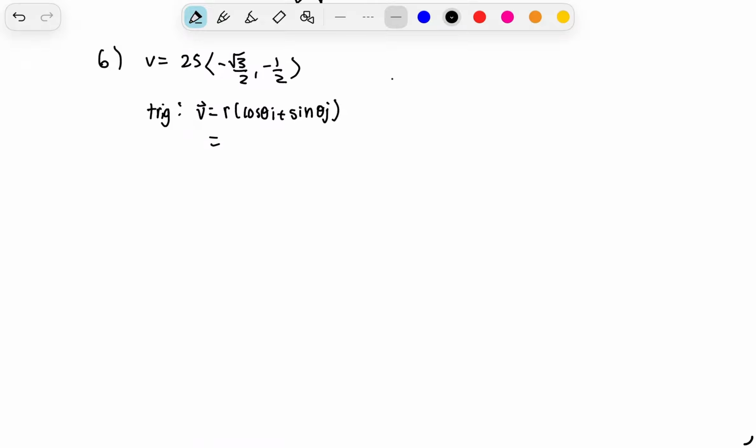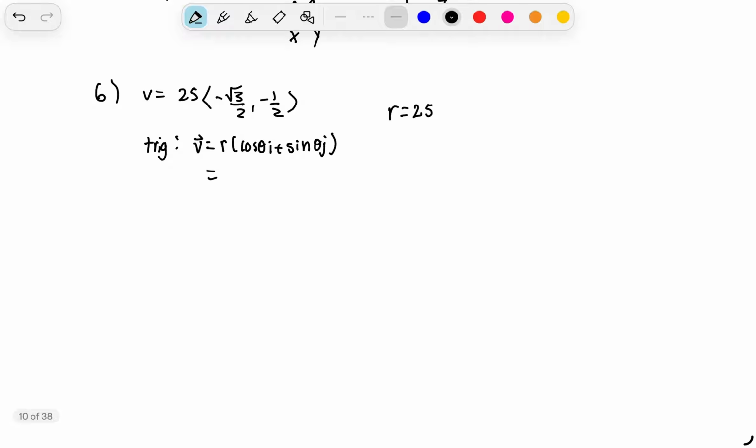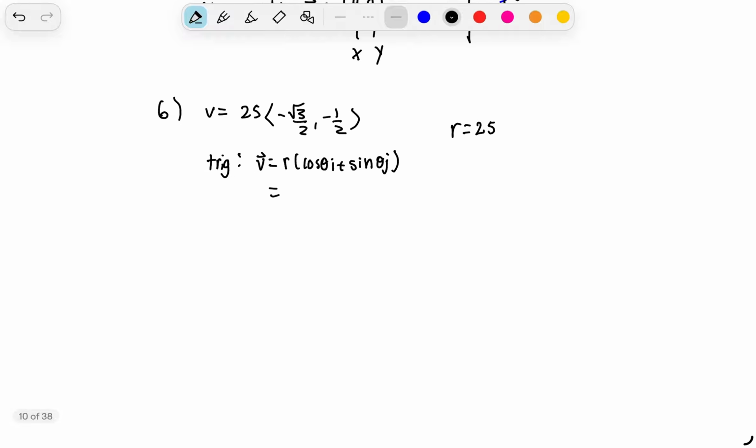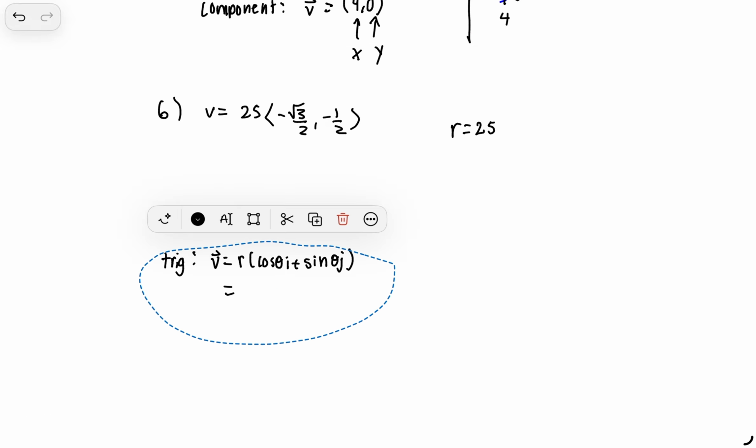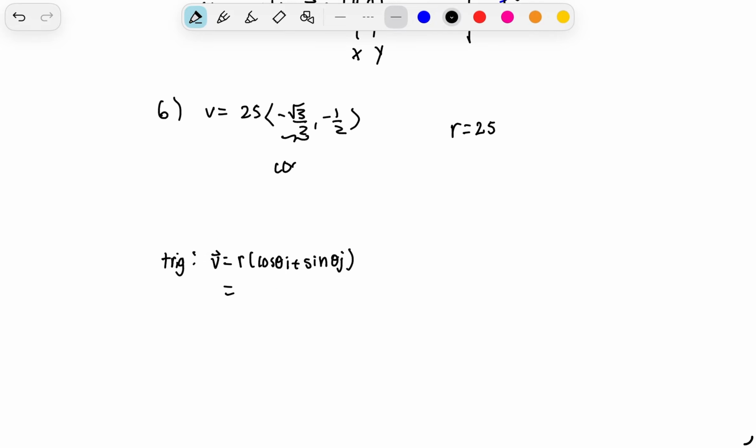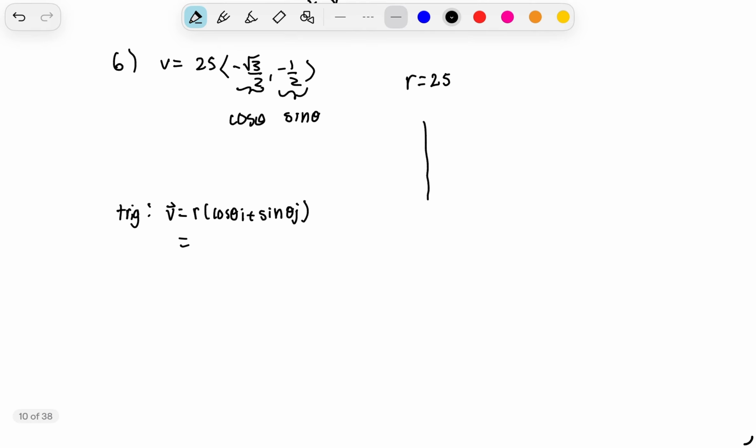Here, we see the magnitude is going to be the number outside the vector, which is 25. So we also have to find cosine theta and sine theta. From this, we can see that we have cosine theta here, and we have sine theta here.